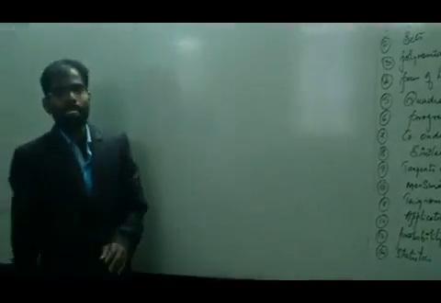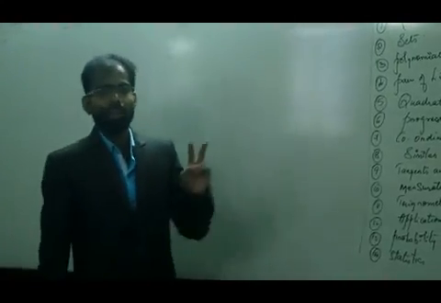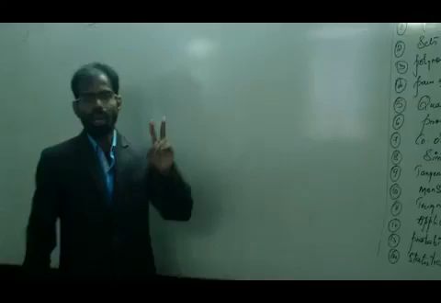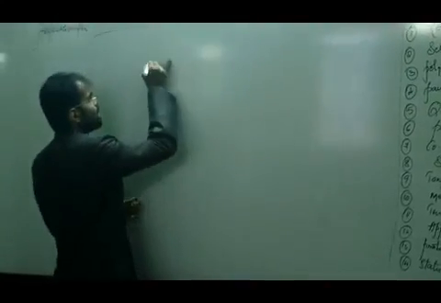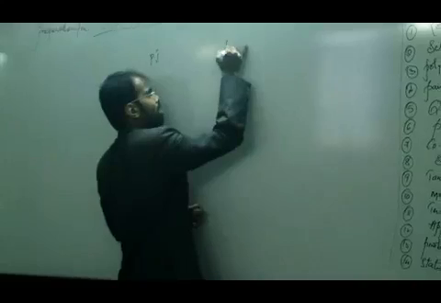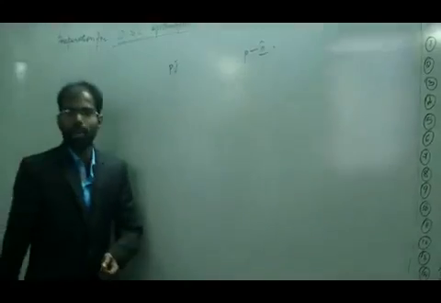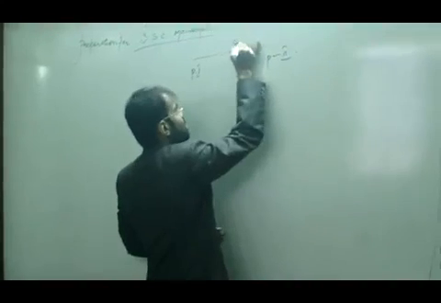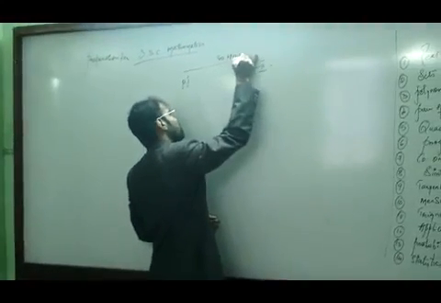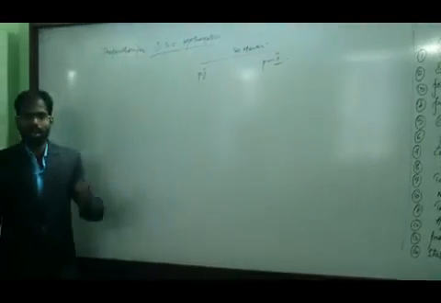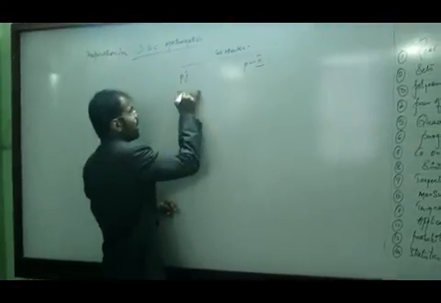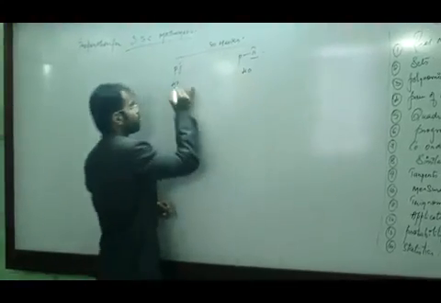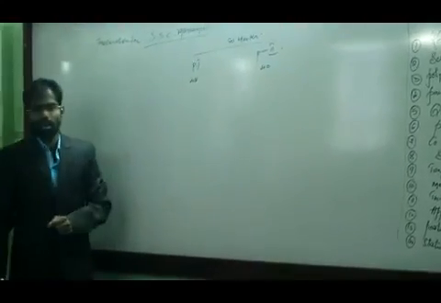Now, we have two papers in mathematics, paper 1 and paper 2. The two papers totally contain 80 marks, divided into two parts, 40 marks and 40 marks.